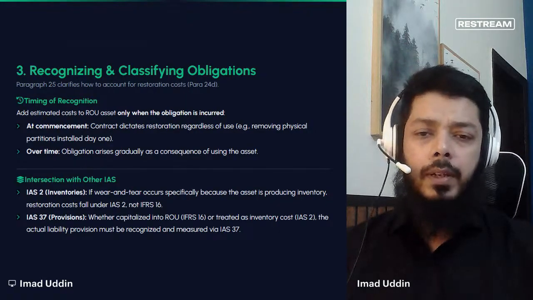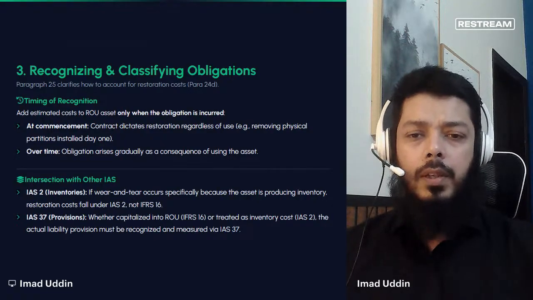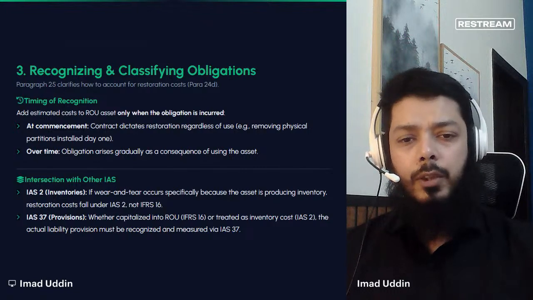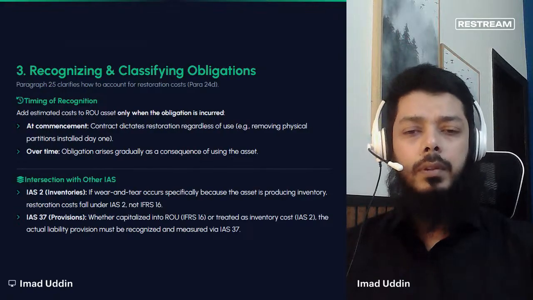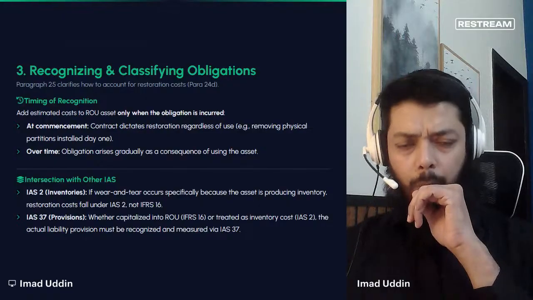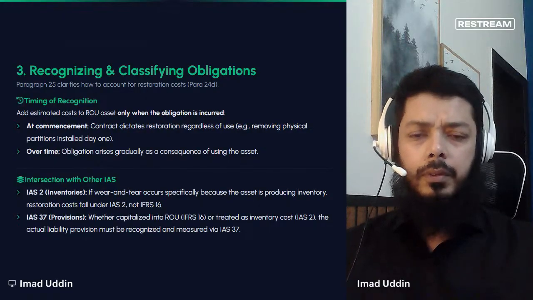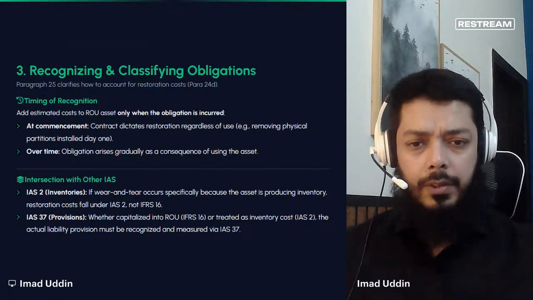Now, there are some clarifying notes that we need to be aware of. First of all, we need to add the estimated cost to the right of use asset only when the obligation is incurred. So, for example, sometimes the obligation might be incurred at the time of installing that asset, at the time of commencement of lease.